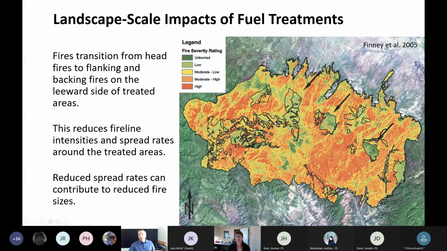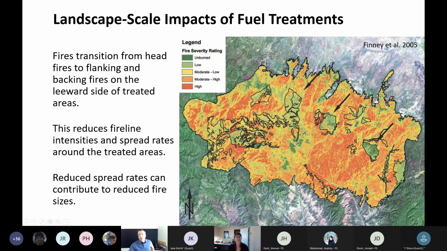So this placement of fuel treatments on the landscape tends to contribute to changes in the rates at which fire spreads and in fire line intensities in downwind areas beyond those treatments, in addition to within the treated areas themselves.